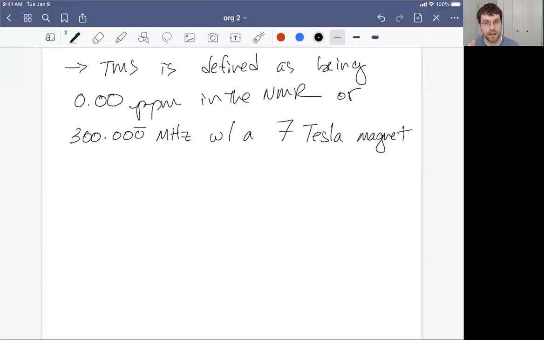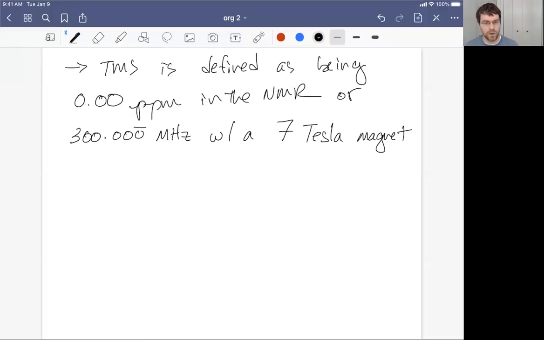So recall I said that when we put our hydrogens in and we look at a low resolution spectrum, we're going to see one peak corresponding to the 1H atoms at about 300 megahertz. If we zoom in though, and pull that apart and resolve that peak into the various types of hydrogen that are present based on differences in their chemical environment, some are going to be at 299.00 blah, blah, blah.